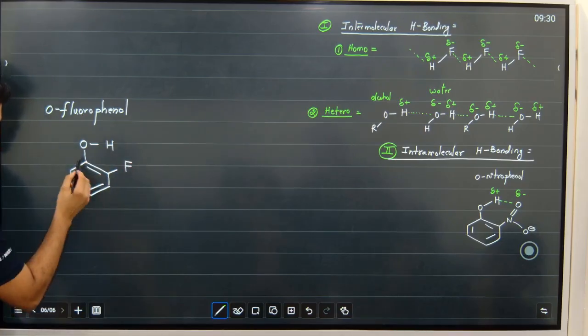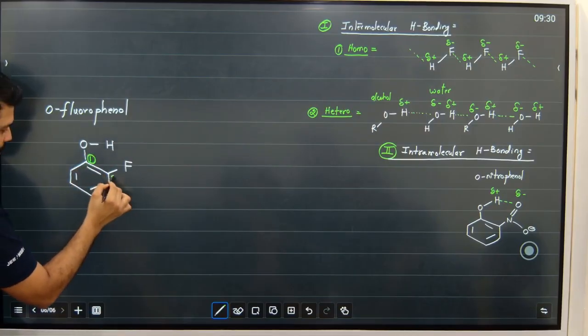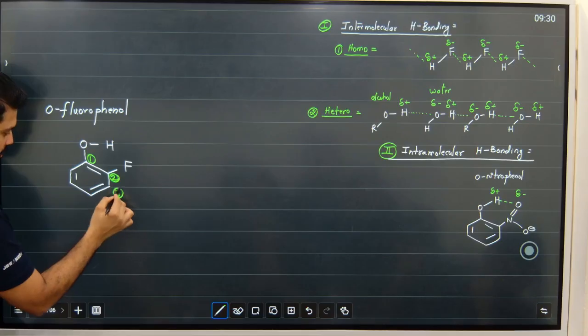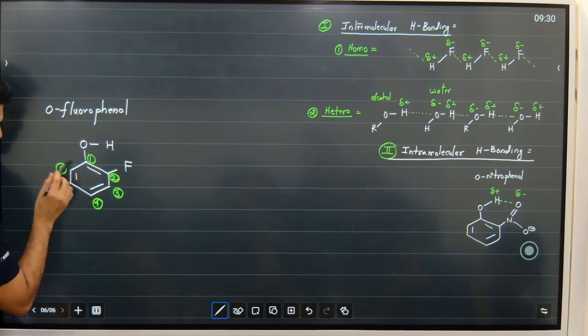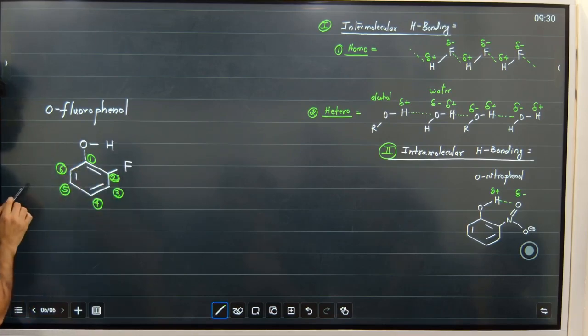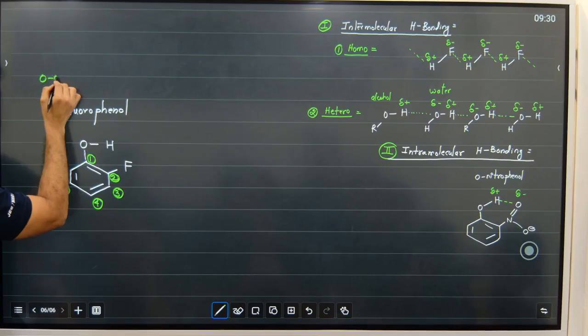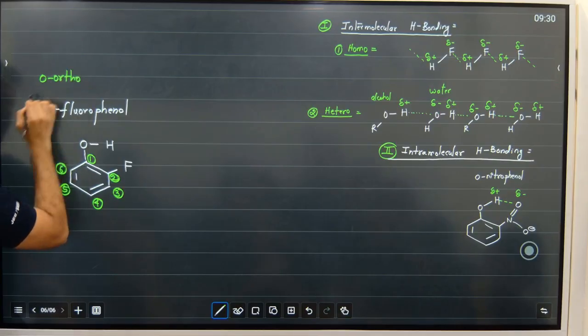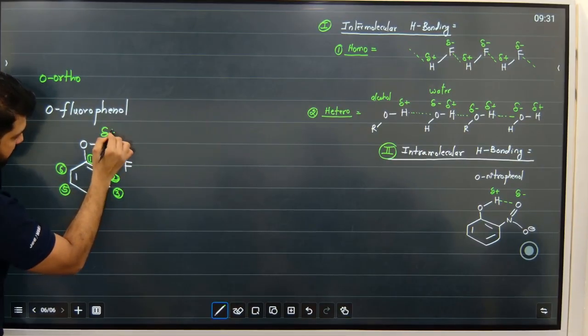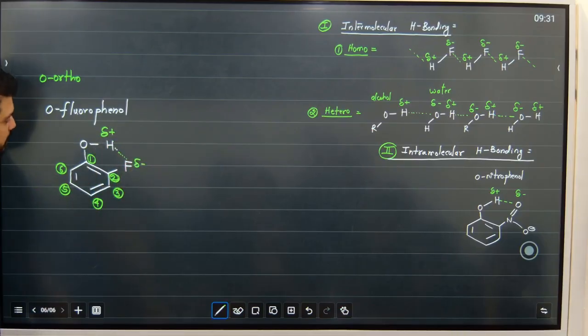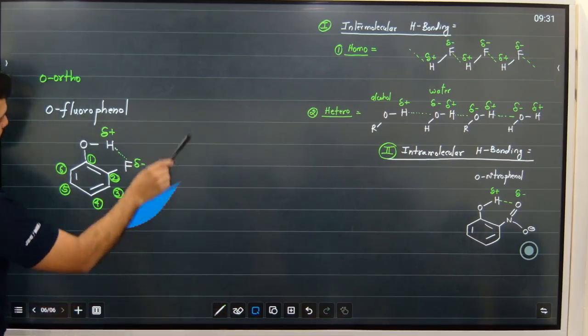Ortho position is, if I number this as 1, 2, 3, 4, 5 and 6, attachments on the first and second carbon we call ortho. O stands for ortho, and the force of attraction between this hydrogen and this fluorine, this is intramolecular hydrogen bond.